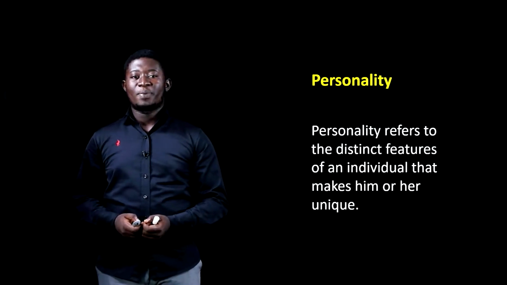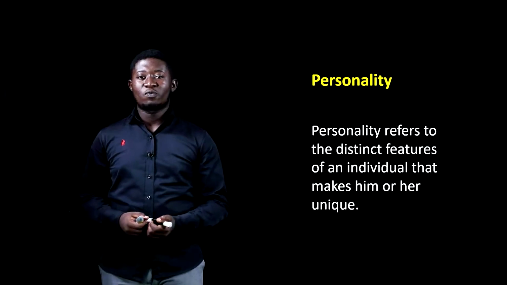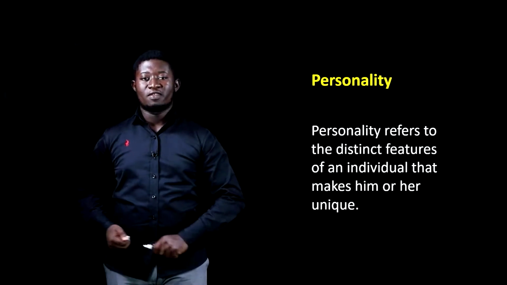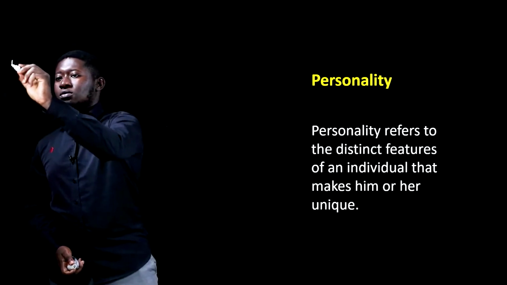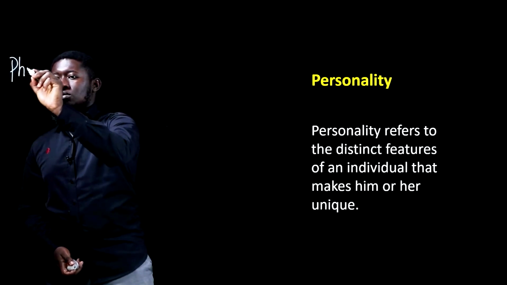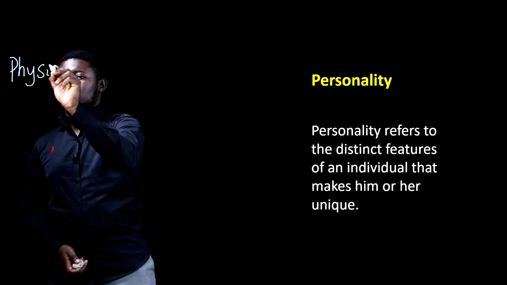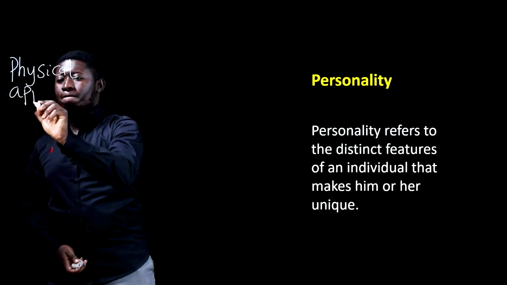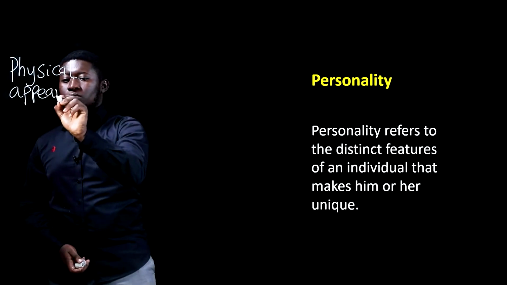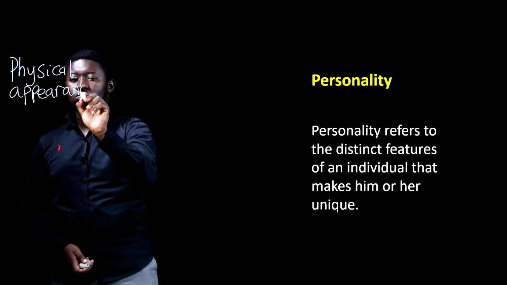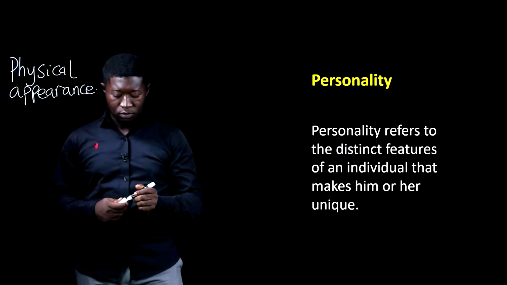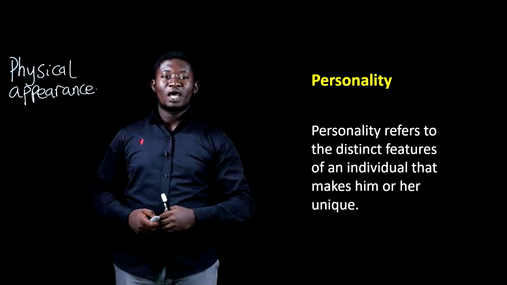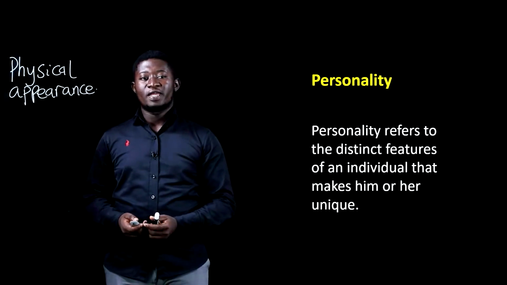When we talk about personality, the first thing that we discuss is the physical appearance of an individual. When we talk about physical appearance, we are talking about the outward look of an individual.